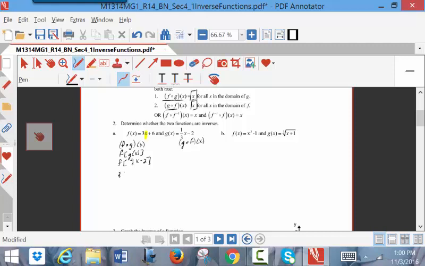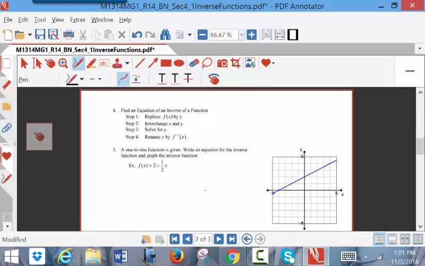So this becomes 3 times stuff in square brackets plus 6. So this is 3 times the 1/3 x minus 2.